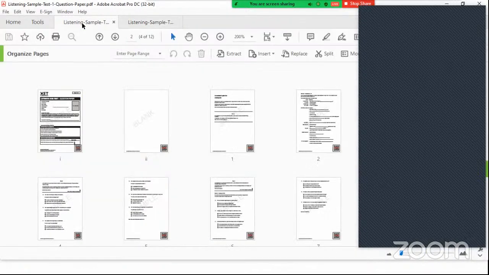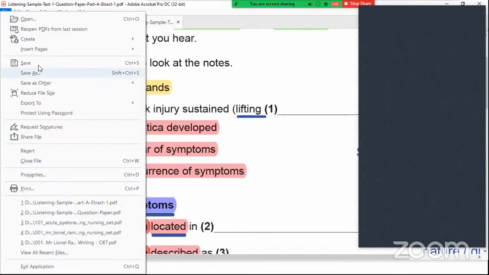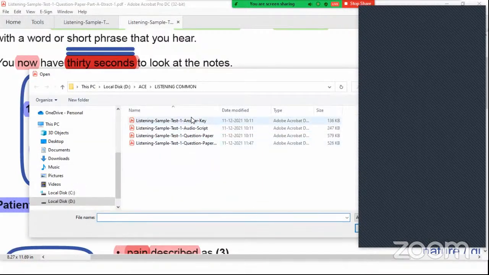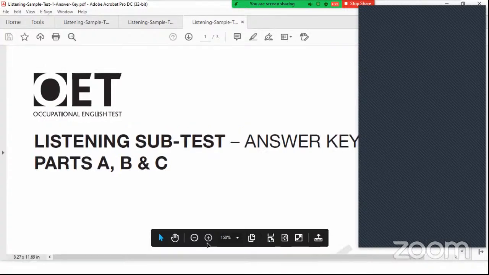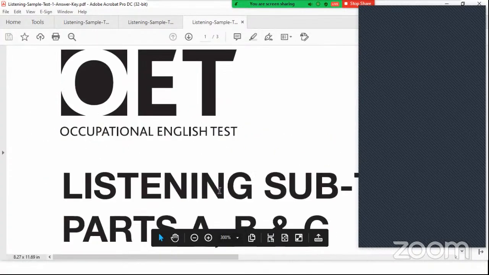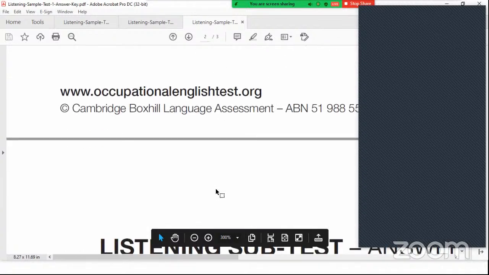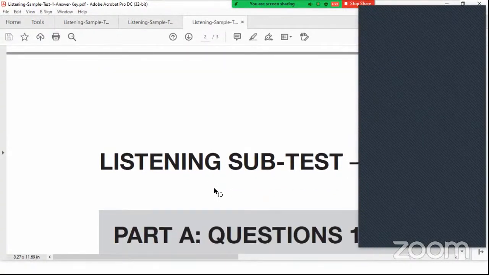Okay. This is the question paper. File. Open. Answer key. Okay, be ready.